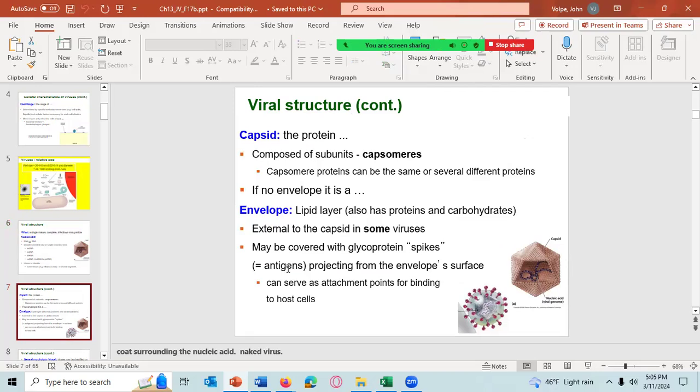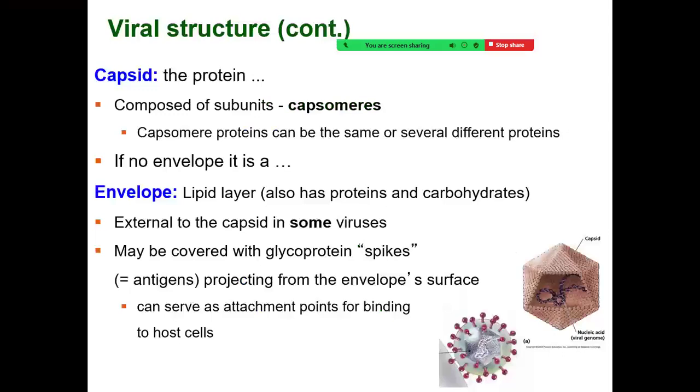So all viruses have a capsid, that is the protein coat surrounding the innermost molecule. Let me blow this slide up. The capsid is a layer of protein composed of capsomeres. This virus only has one capsomere, so one protein.